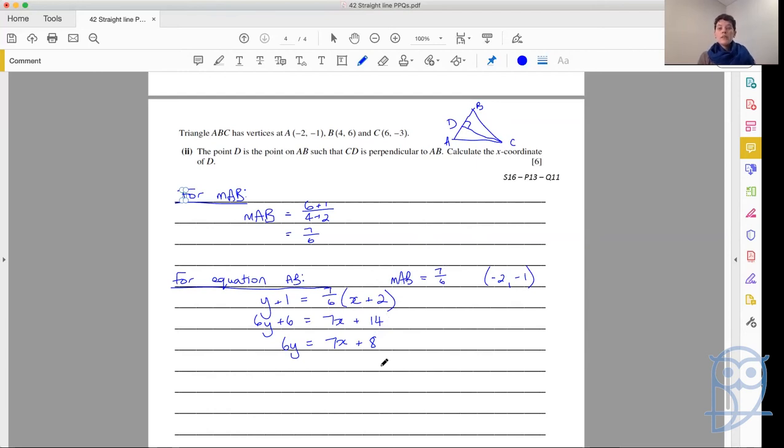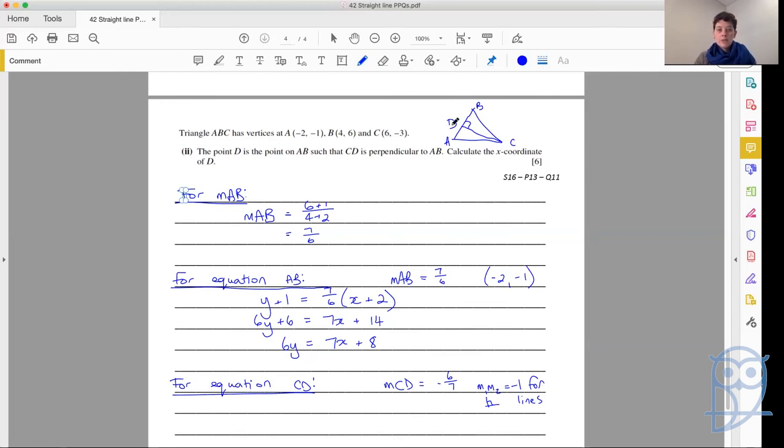Now we need to do a similar thing to get CD, bearing in mind that gradient relationship. For equation CD, we have M_CD equals minus, change the sign, flip the fraction, -6 over 7. M1 M2 equals -1 for perpendicular lines. And which points are we going to use?